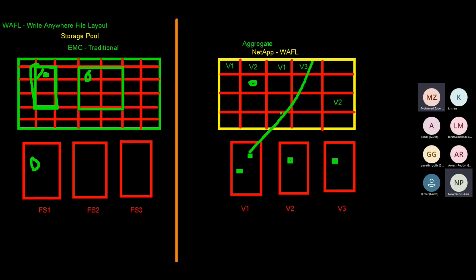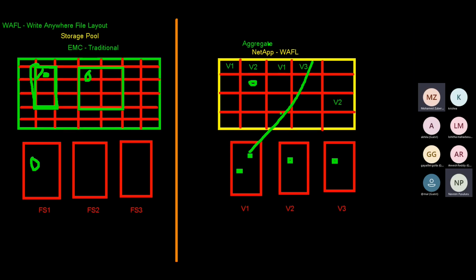That is the reason NetApp made PAM a mandatory component. We have discussed PAM, the Performance Acceleration Module, when we discussed the architecture of the controller. They made it mandatory to improve the read performance. Whatever read performance degradation we get through WAFL, they want to cover it with PAM.